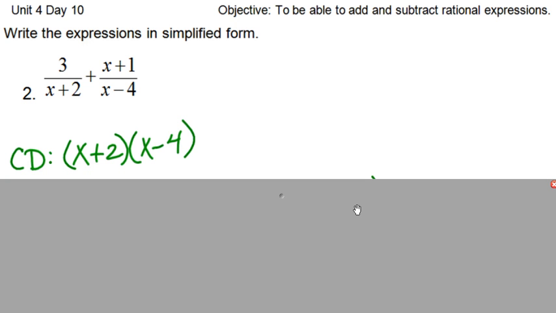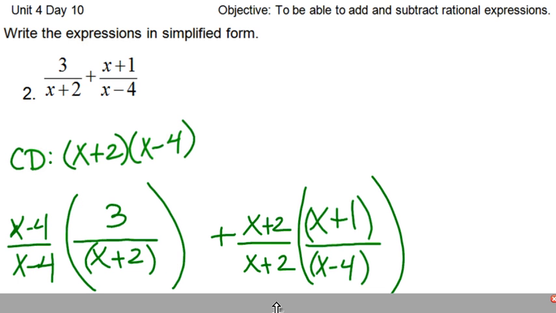Now we have to multiply by the element that's missing in each expression fraction. So here I already have the x plus 2, I'm missing the x minus 4. So I'm going to multiply the numerator and denominator by x minus 4. This piece is missing the x plus 2, so I'm going to multiply the numerator and denominator by x plus 2.